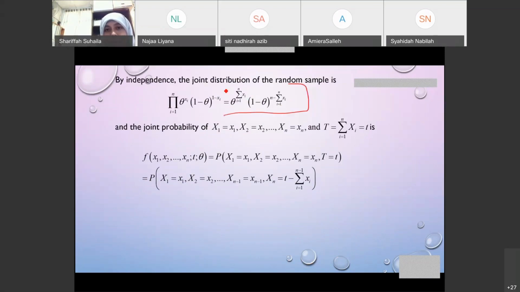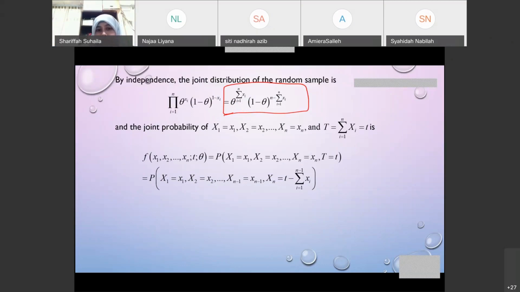So first, make sure your likelihood function is correct. Okay, kalau kamu punya likelihood function kat sini dah salah, dia akan effect yang lain. So that means you need to be sure that your joint distribution ni is correct lah, cara kamu expand semua tu. So you have theta to the summation xi, (1 minus theta) to the power n minus summation xi.